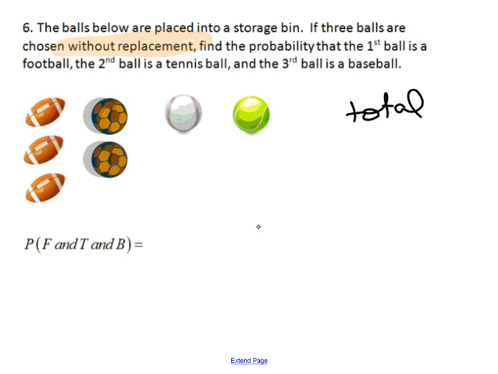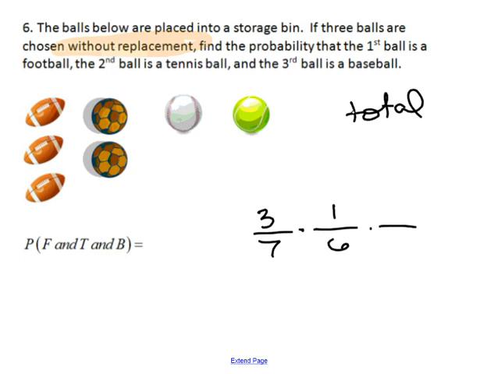So football would be 3/7. Then we'll say the second one is a tennis ball. Well, there's only one tennis ball in there. Remember, we're doing this without replacement. So there's only 6 balls left in the bin because we took one of the footballs and threw it out. Now we reached in and there's only 6 balls left, and one of them is a tennis ball.